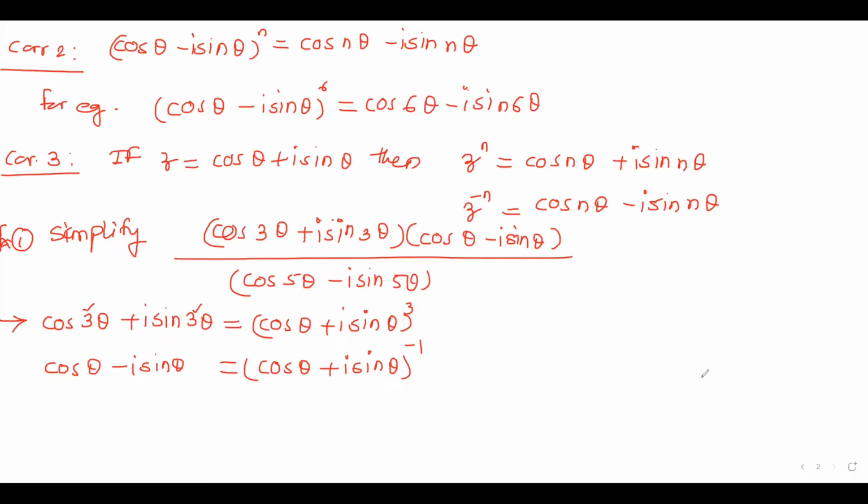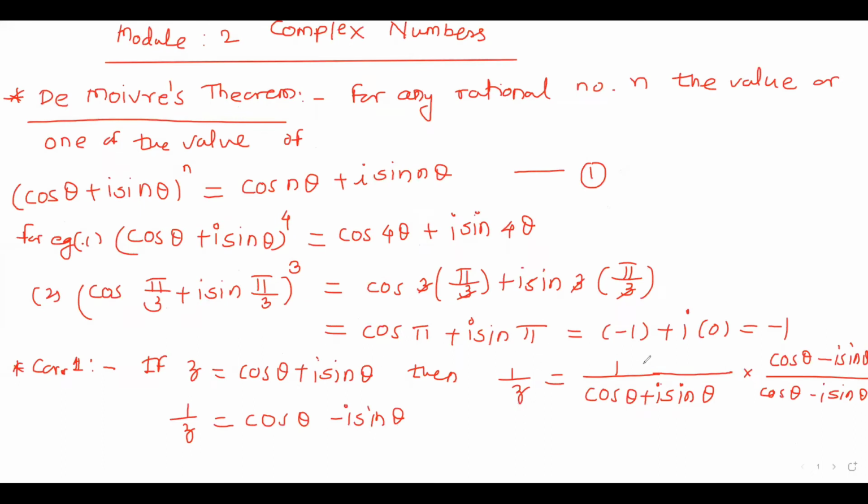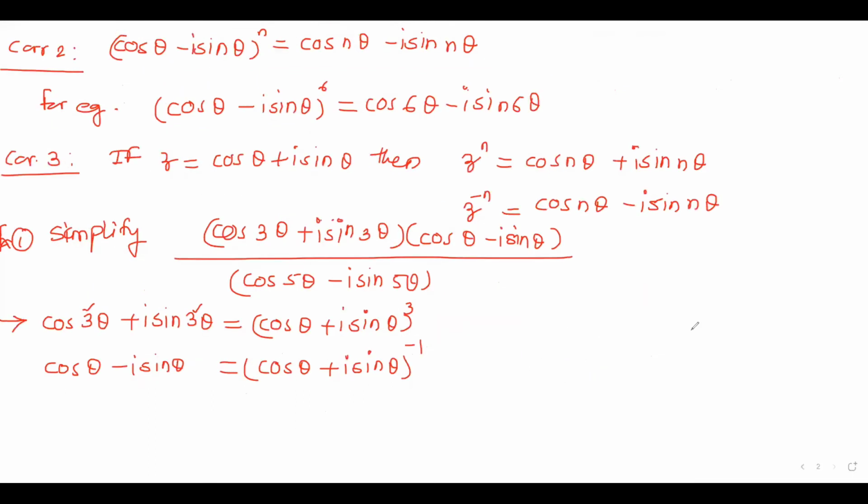Because using corollary number 1, as you can see, if z is cos theta plus i sin theta, then 1 upon z is cos theta minus i sin theta. So using corollary number 2, cos theta minus i sin theta can also be written as cos n theta minus i sin n theta.